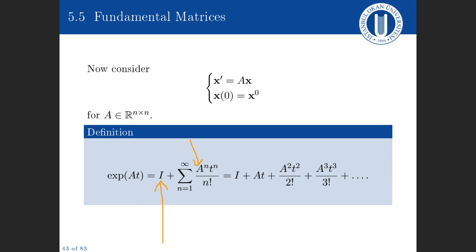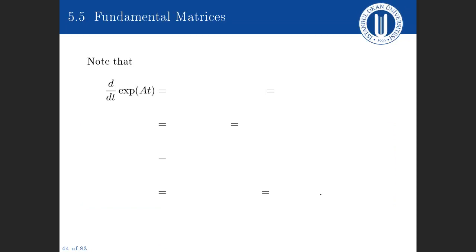Now, does this work? Let's check this definition. I want to differentiate the exponential of the matrix capital A t. In other words, I want to differentiate I plus the power series A^n t^n over n factorial. And don't worry about radii of convergence or anything like that.